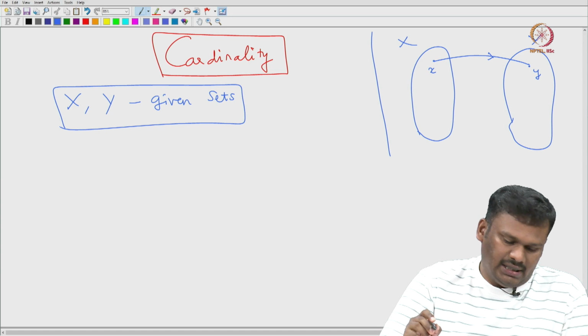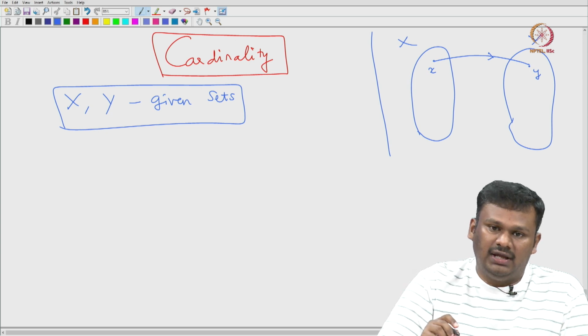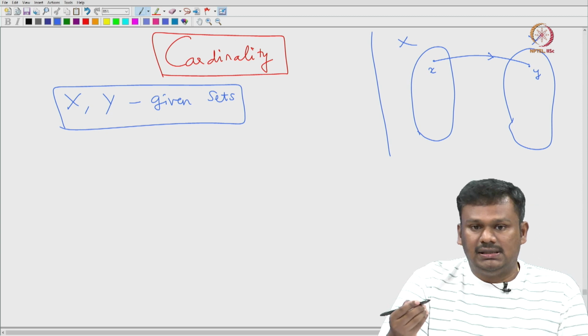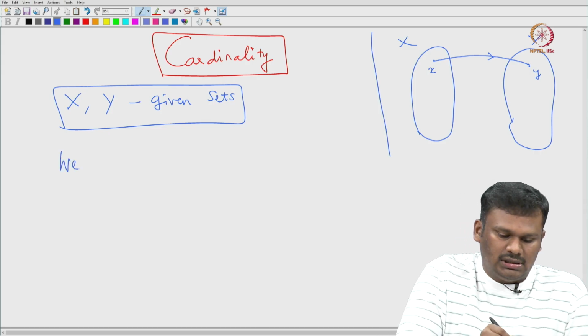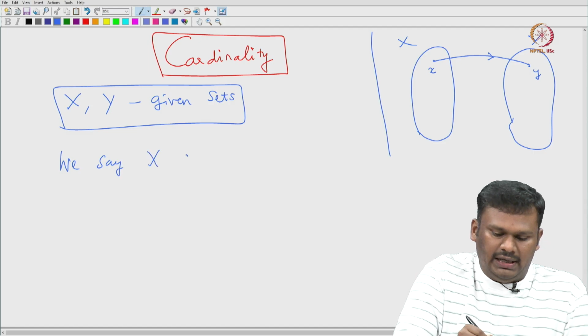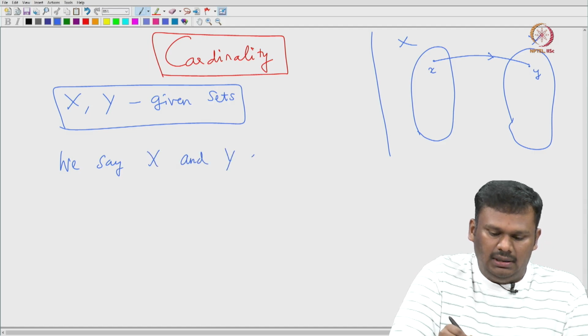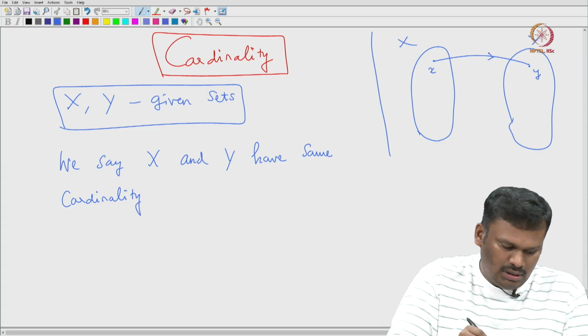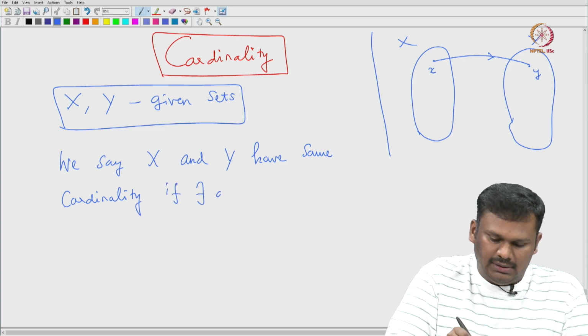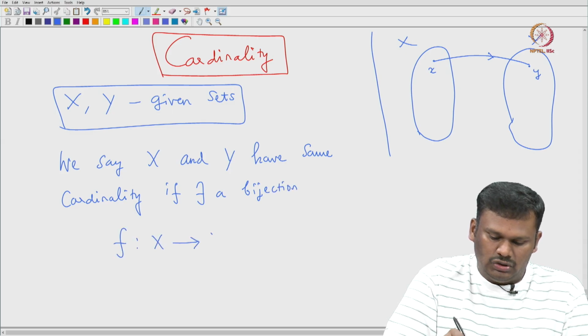We are going to say that x and y have the same cardinality if there exists a bijection, call it f, from x to y.